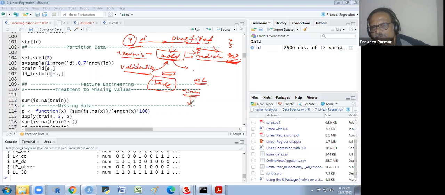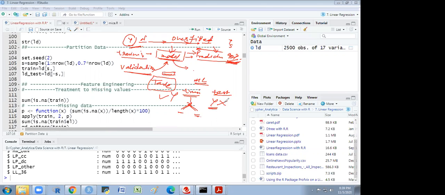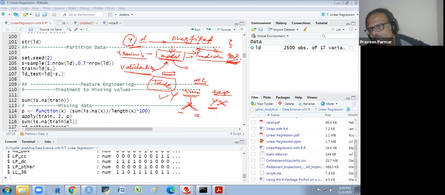So we partition this data into two parts, make one model, and validate it. Then they provide us the test data where y, our target variable, is not there. In both parts of our own data we have the target variable, so we could compare the accuracy of our model, but we are unable to compare it with the test data.